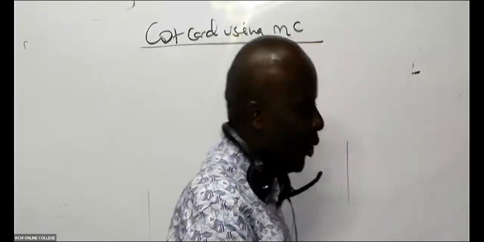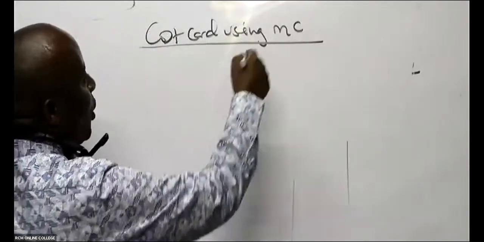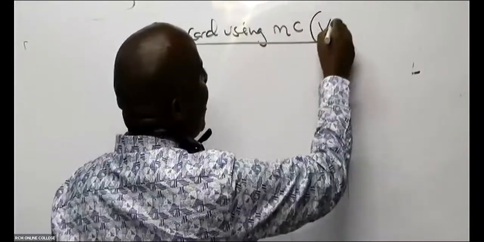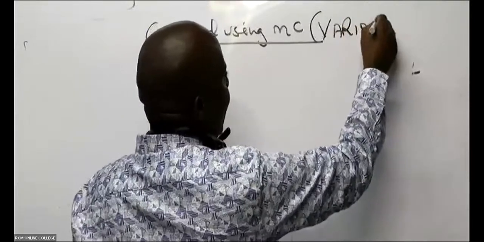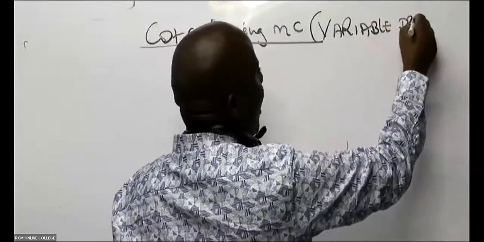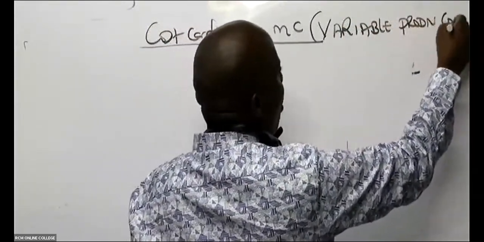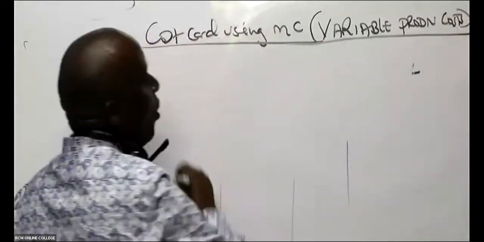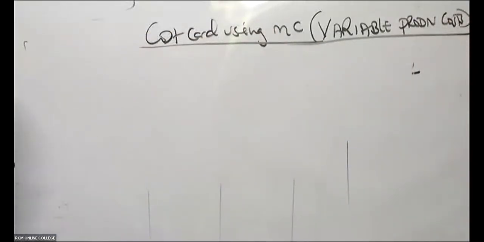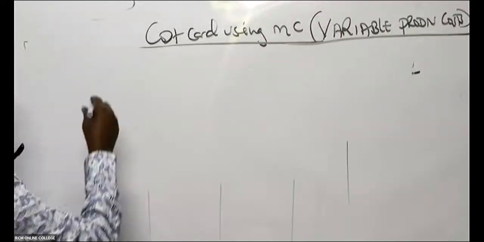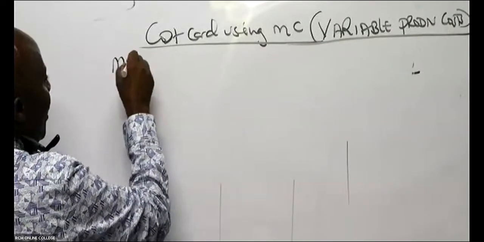Not all variable costs, but variable production cost. You can even write in the brackets, variable production costs. So then we start with the material cost.